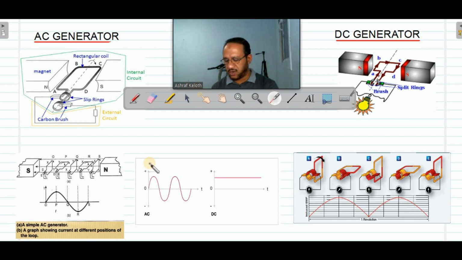And also, right now the lighting devices, the LED bulbs that we are using, they are all electronic, not electrical. And these LED bulbs need only low voltage. But we are providing 220 volt.